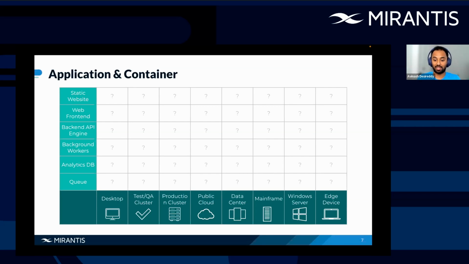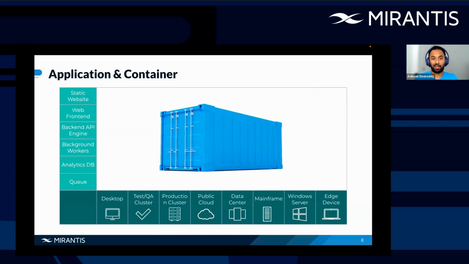And containerization simplifies this, where it eliminates the dependencies, minimizes the friction between development and operations teams, and abstracts the applications from the underlying infrastructure. So once you package your application into a container, it can run on a desktop, or it can run on a public cloud environment, or in a private data center, with all its dependencies.